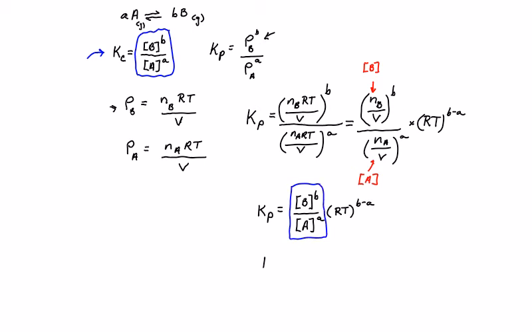So this allows us to take Kp and set it equal to Kc times RT raised to the power of b minus a, where b is equal to the number of moles of gas in the products, and a is equal to the total number of moles of gas in the reactants.